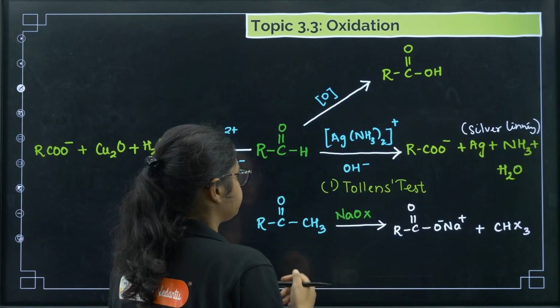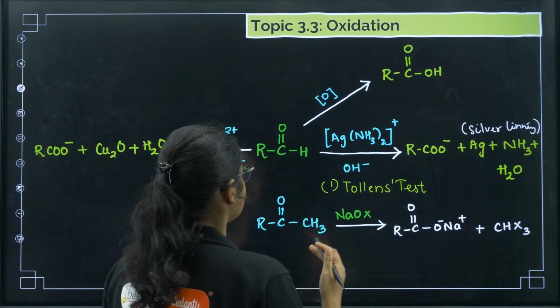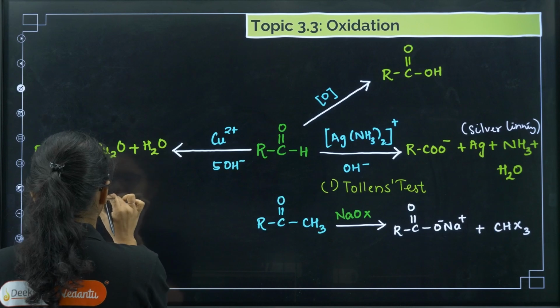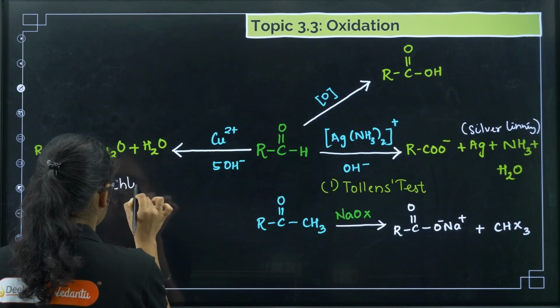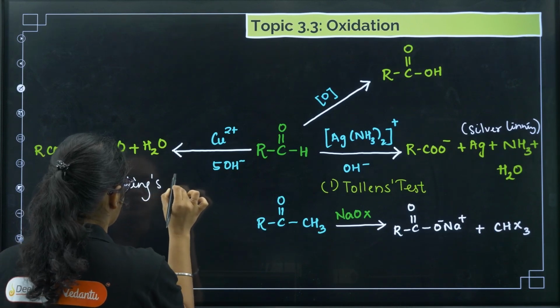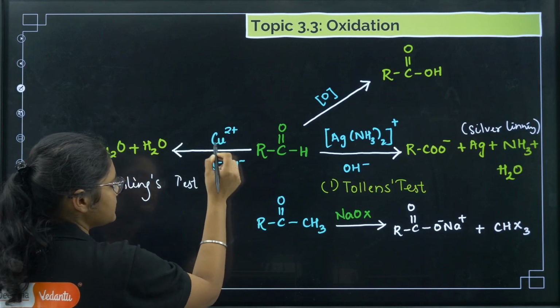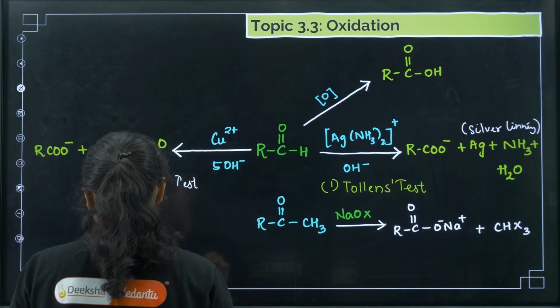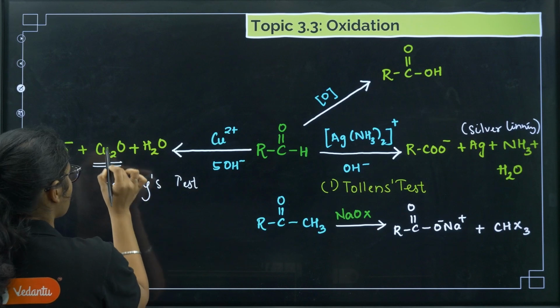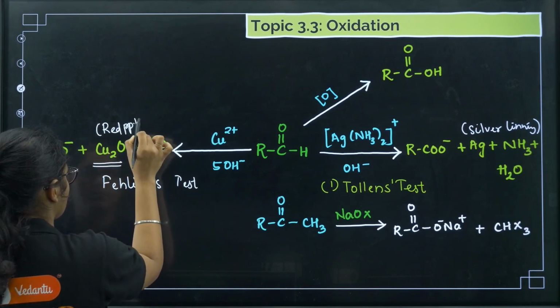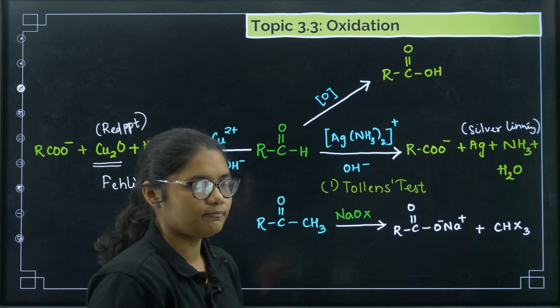Next, Fehling's reagent. This is your Fehling's test. You need to take copper, which is Cu2+ in the presence of OH minus. This gives copper(I) oxide, which is a red precipitate. By this you can observe the changes.